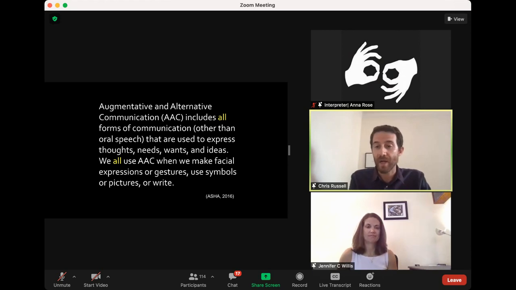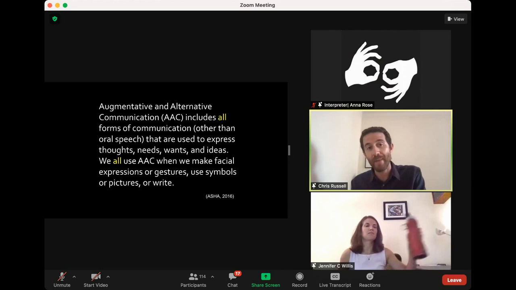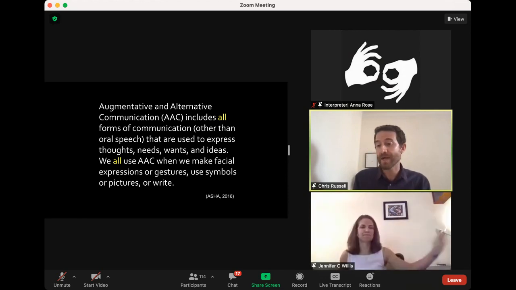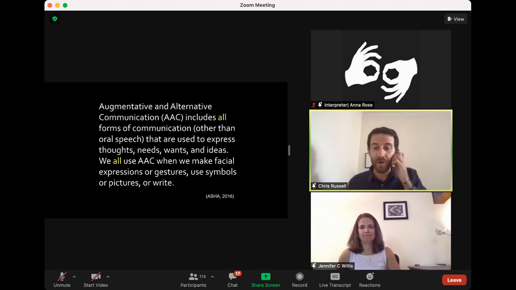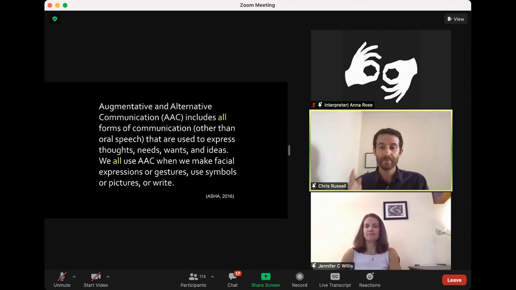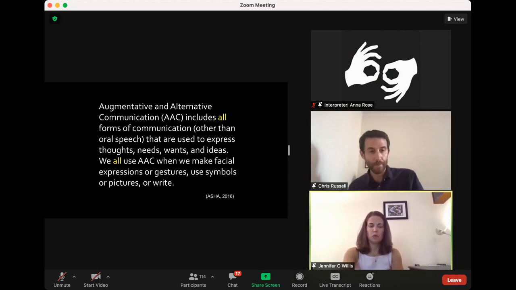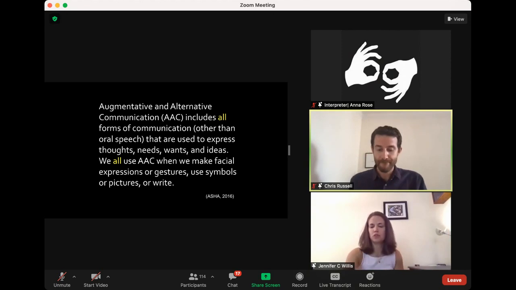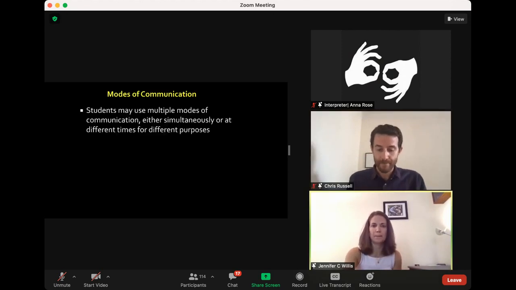Right, and that's sort of debatable. Is sign language an augmentative and alternative form, or is it really just a language as an alternative to speech? I've heard some controversy raised about that. Yes, which is why we put this in there, to correlate both of those points. So I appreciate that.